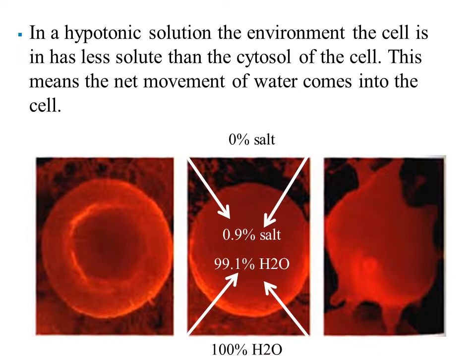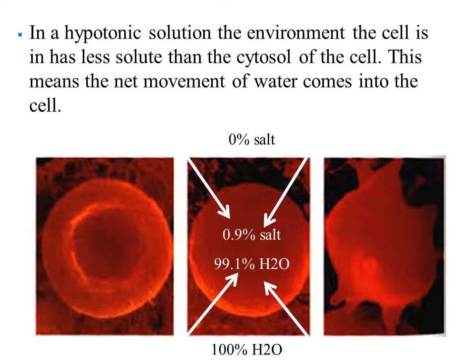In a hypotonic solution, the environment the cell is in has less solute than the cytosol of the cell. This means the net movement of water comes into the cell.